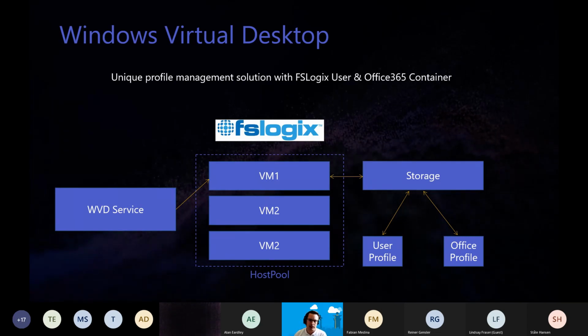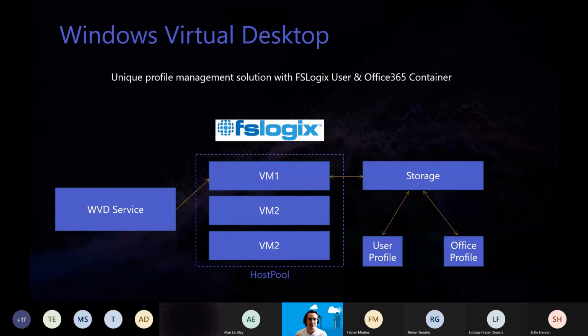And with FSLogix, it's a simple attachment process like with a normal VHD or VHDX file, which is simply attached at the user logon. This reduces the time and helps also to get organized, as we don't have to maintain the typical problems of roaming profiles like we know from the past.